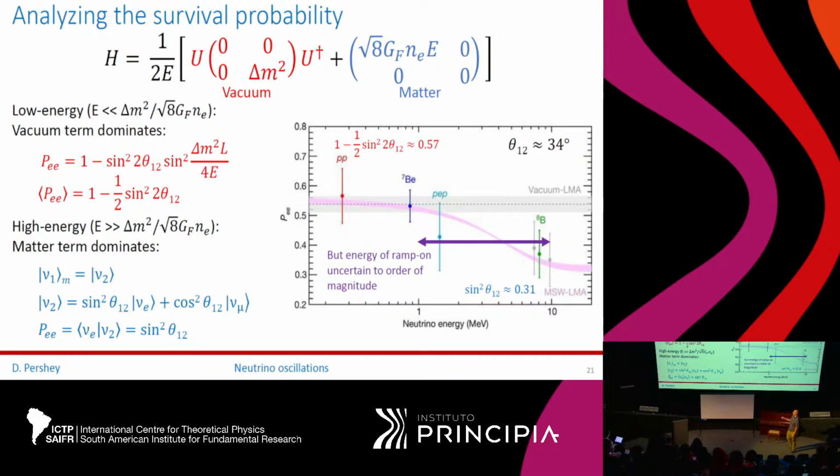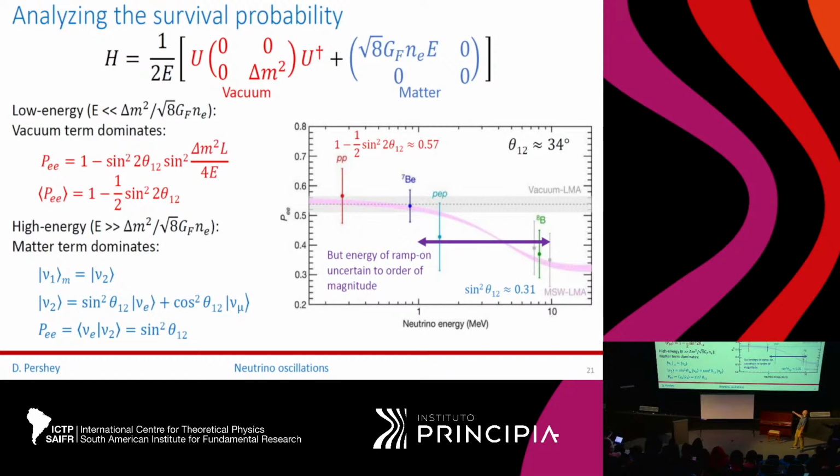And then you just take the contraction of the nu e state on this nu 2 state, and you see that the survival probability is just sine squared theta 1 2. So if you go to high energies and plug in theta 1 2 equals 34 degrees, you see that this survival probability term is just 31%.